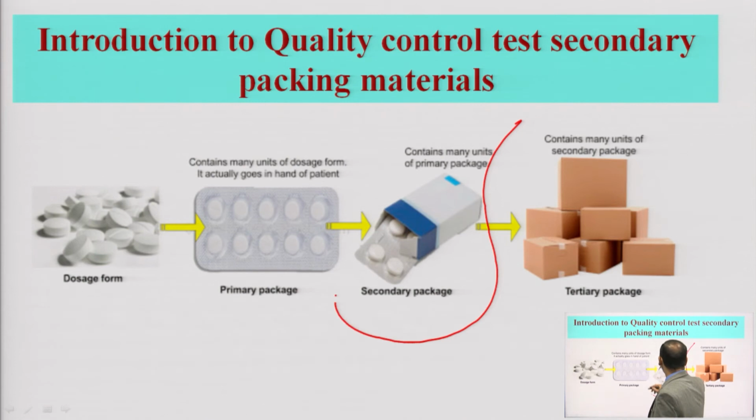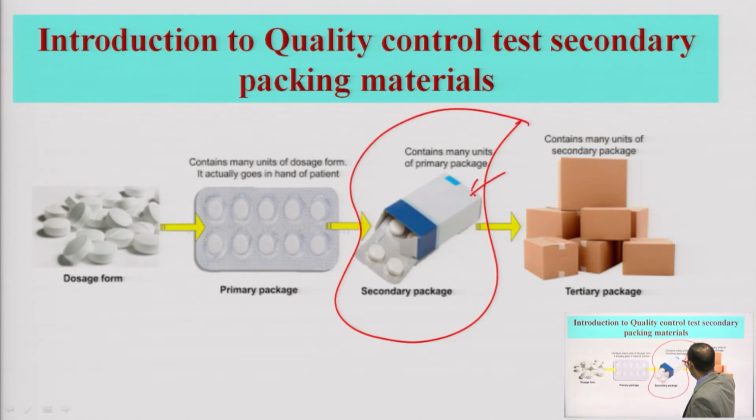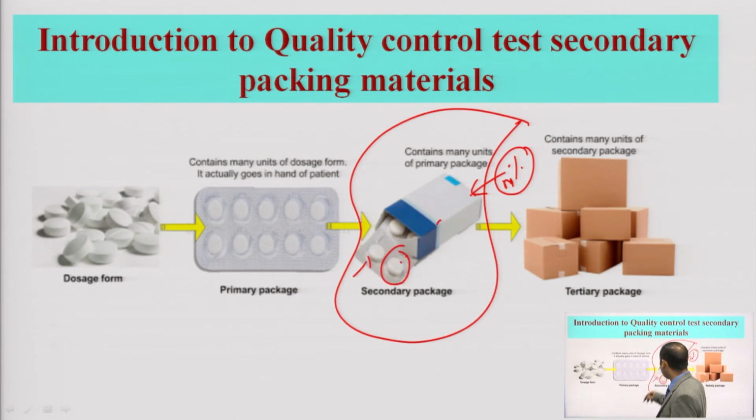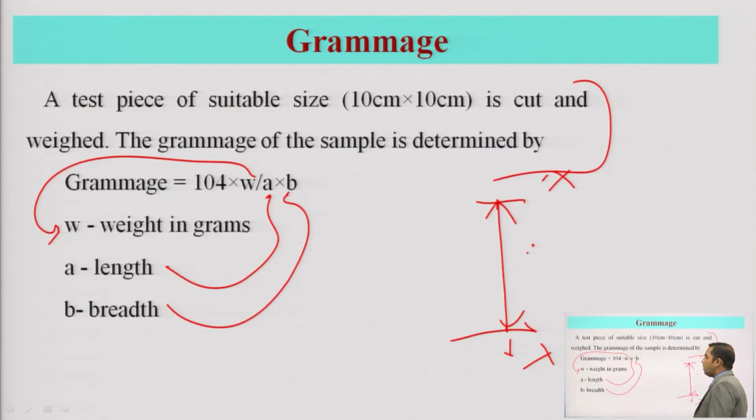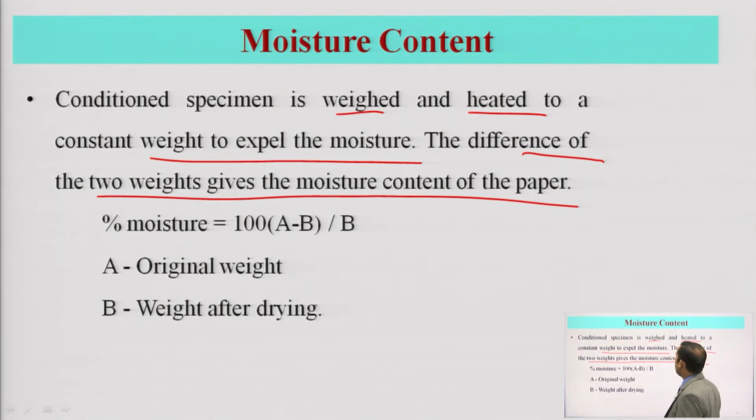This container, if it is containing some percentage of moisture, then obviously it will create a harmful impact on your medicaments. That is why I am telling you that you have to check the moisture content.